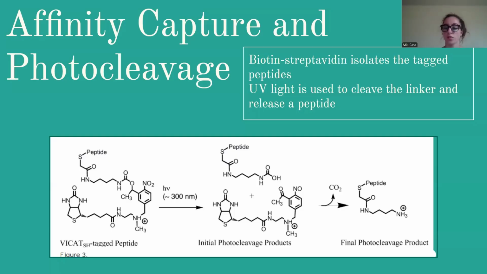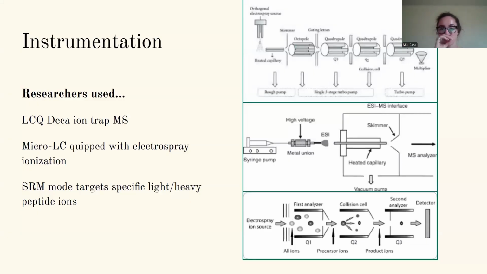And so for the instrumentation, the mass spec that was used was the Thermo LCQ Deca XP ion trap instrument, which was equipped with electrospray ionization. And I have a schema of that. This is where it uses the SRM mode.